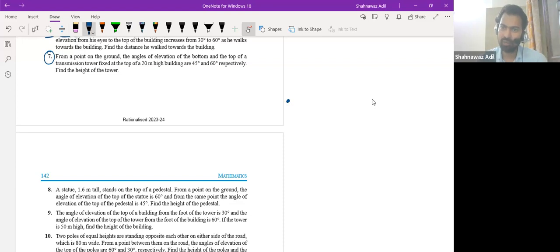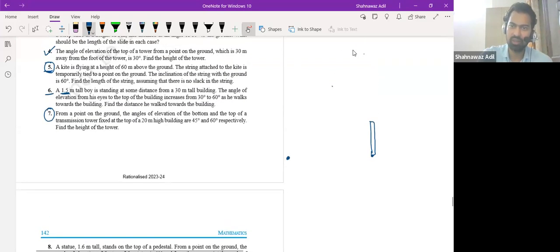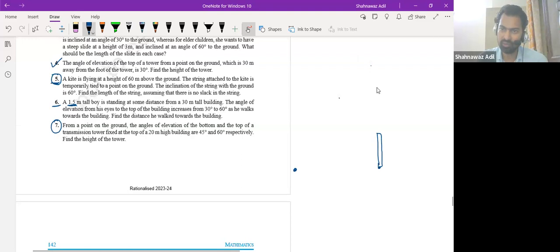Then we have a high building, and on top of the building there is a transmission tower. These are the three things we have, and this building is 20 meters high.